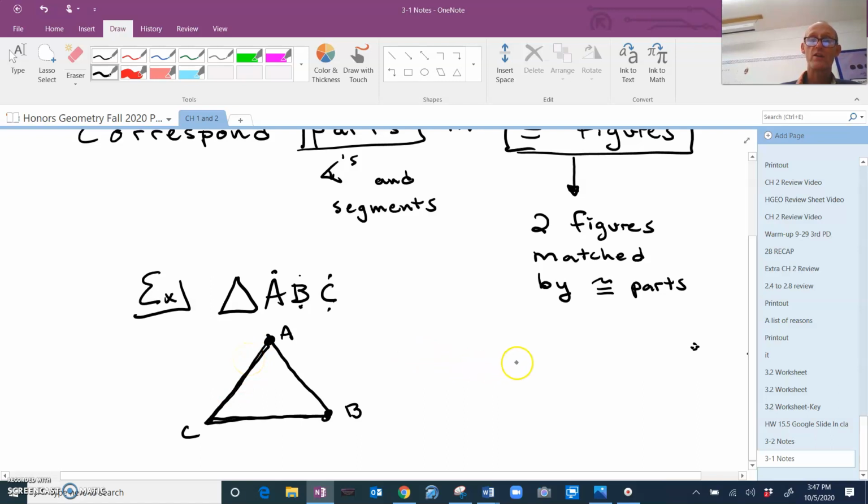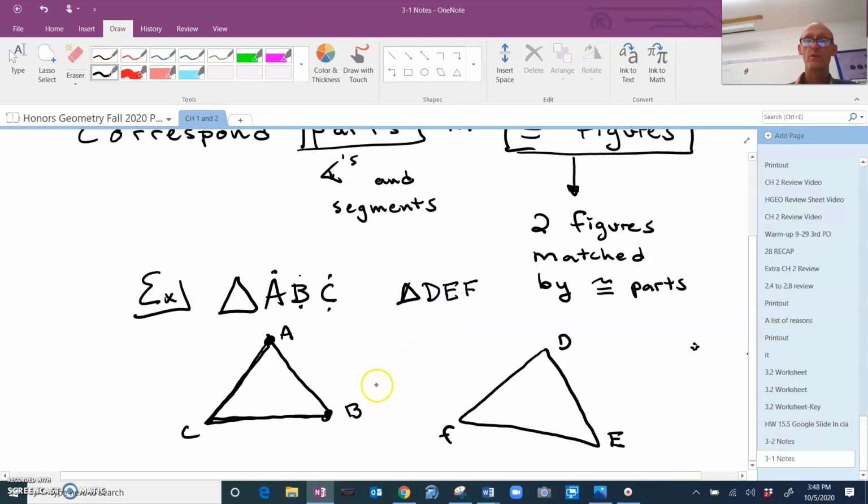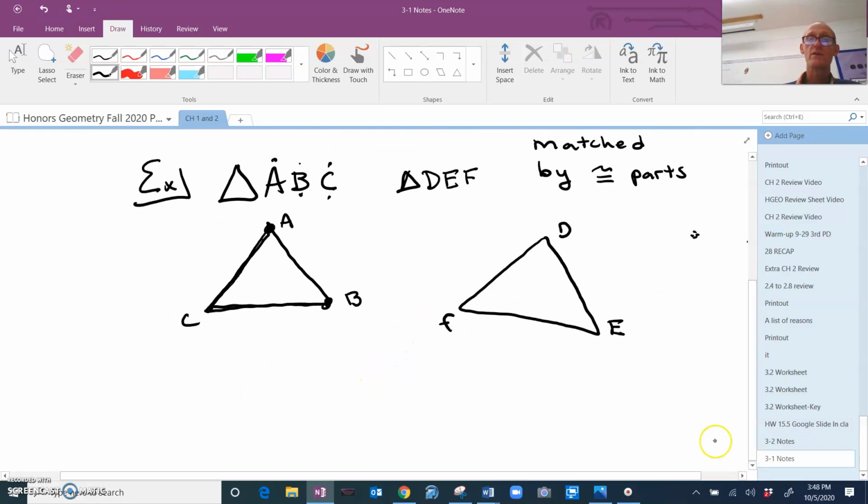Now, over here, I'm going to draw another triangle, and I'm going to call it DEF. Now, triangle ABC and triangle DEF are two triangles, but they are congruent if their parts match up that are equal.